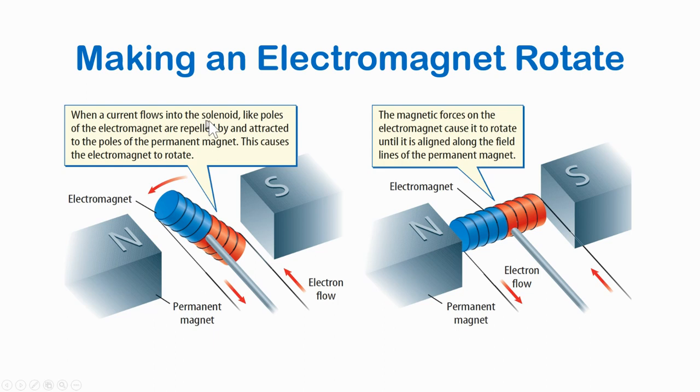When current flows into the solenoid, remember this wire coil is a solenoid, like poles of the electromagnet are repelled and opposite poles are attracted to the poles of the permanent magnet. This causes the electromagnet to rotate. So as this is sitting here on the rod, this rod is rotating freely.